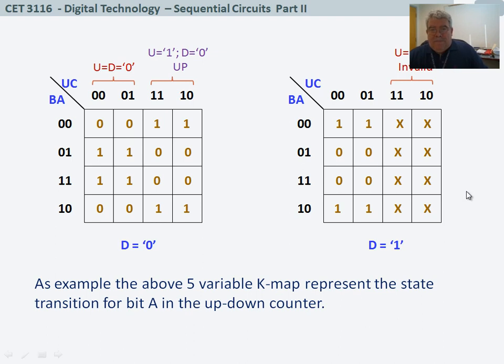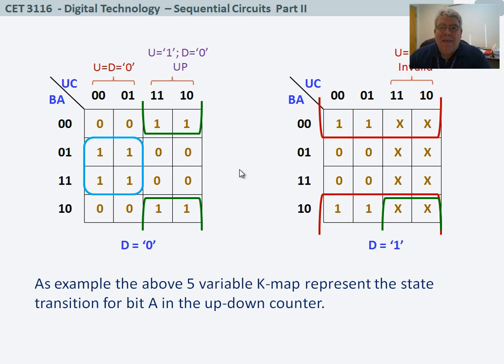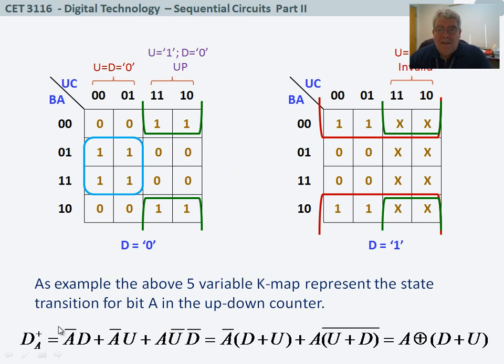All right, now we can see this, and this is what the book has. Remember, if we have this common, for instance, the green, we can use the don't care.